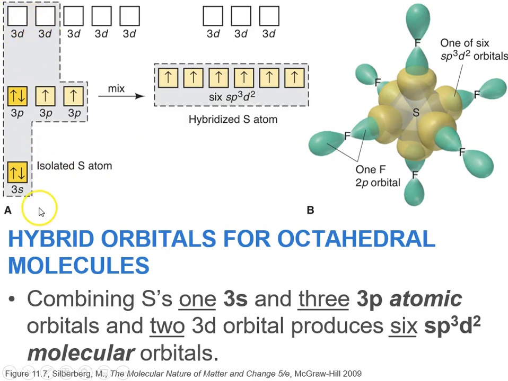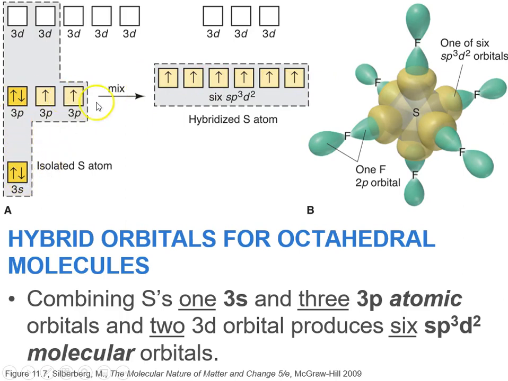So we're going to mix 1 s orbital, 3 3p orbitals, 2 3d orbitals. That's a total of 6 atomic orbitals, all with different energies. We're going to mix them, and we're going to call them sp3d2. So 1 s, 3 p's, 2 d's gives us sp3d2. We get 6 of them, and they're all of equivalent energies.